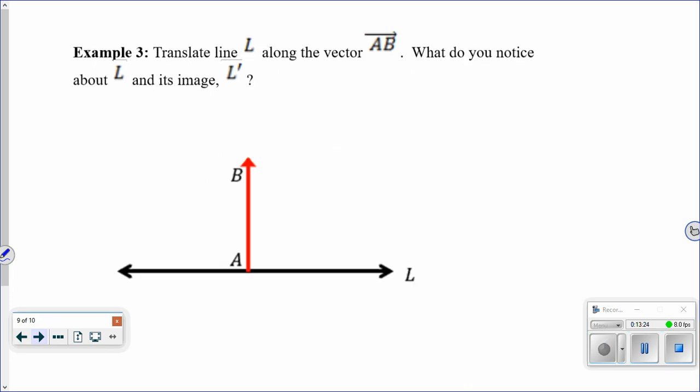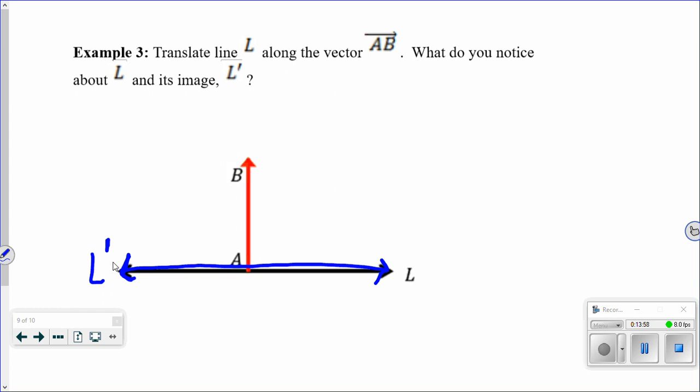Example 3, we have, again, please translate line L along vector AB. And what do we notice about L and its image, L prime? Again, please take our transparency, trace over L, and label it L prime. Now our vector AB is moving from down to up.